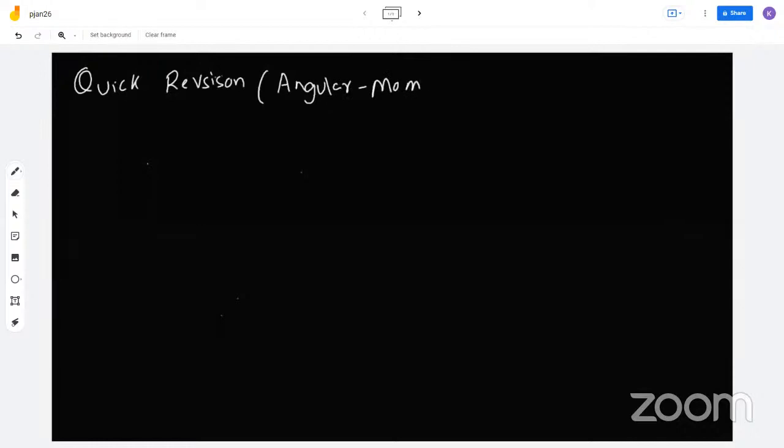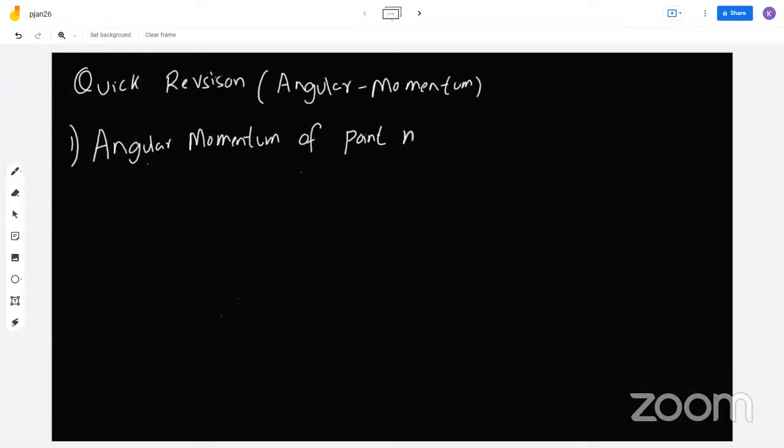So guys, in angular momentum, what did we start with first? Angular momentum of point mass. So how was the L vector defined?